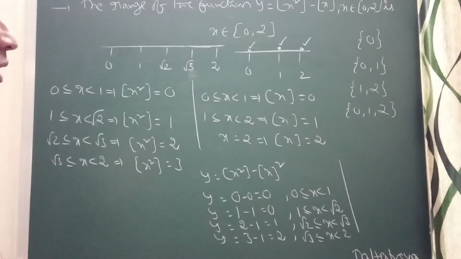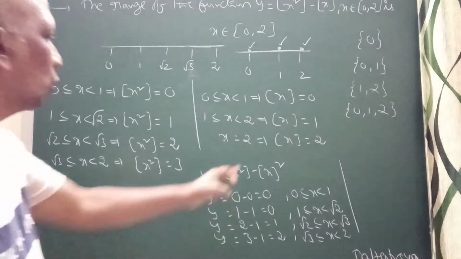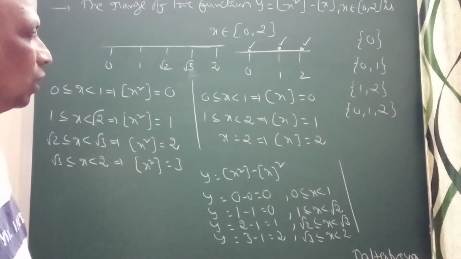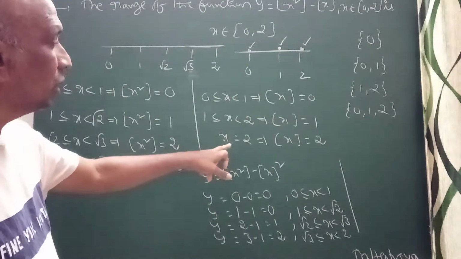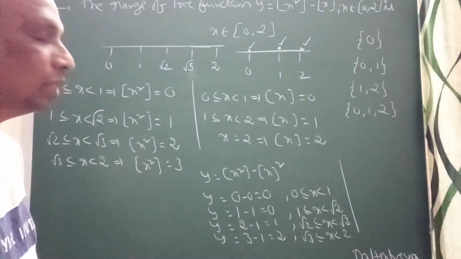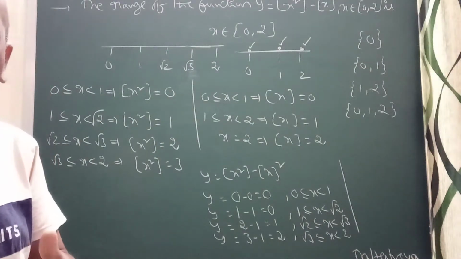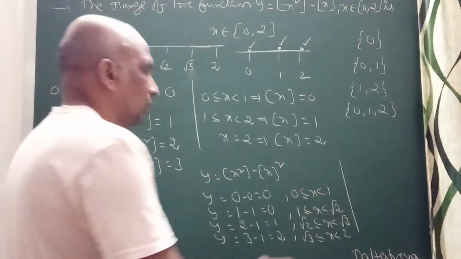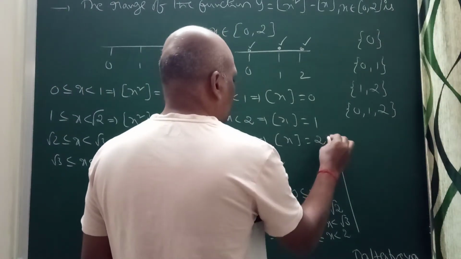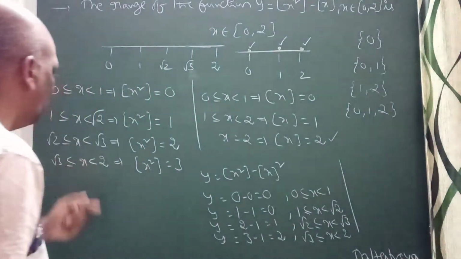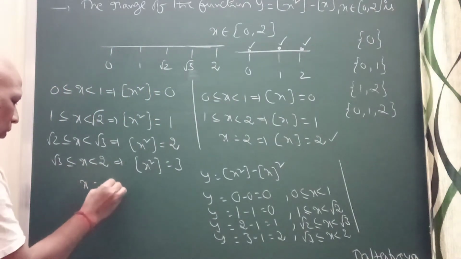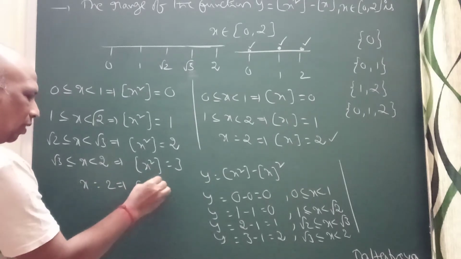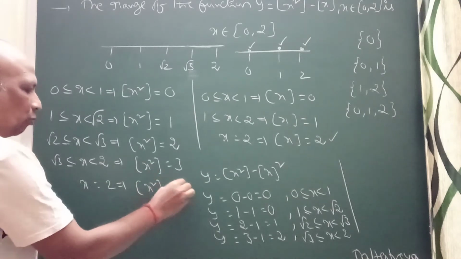Now suppose when x is equal to 2, step x is equal to 2. When x is equal to 2, step of 2 square, x square means step of 4, it will be 4, right?